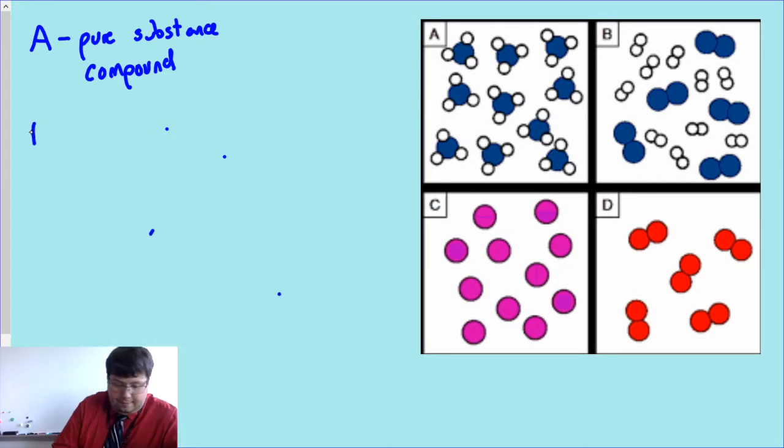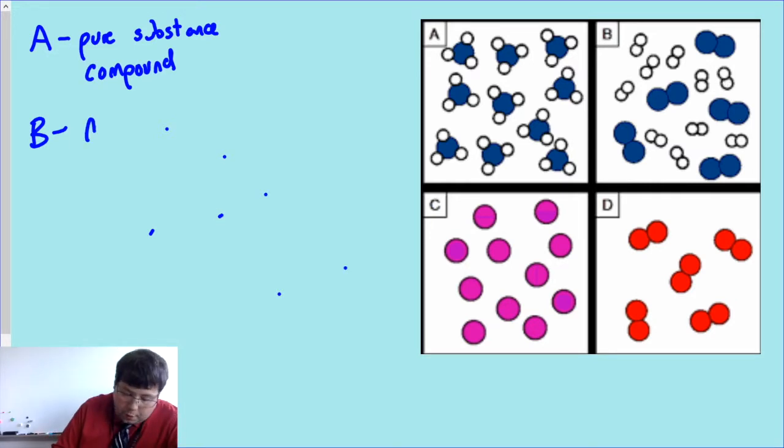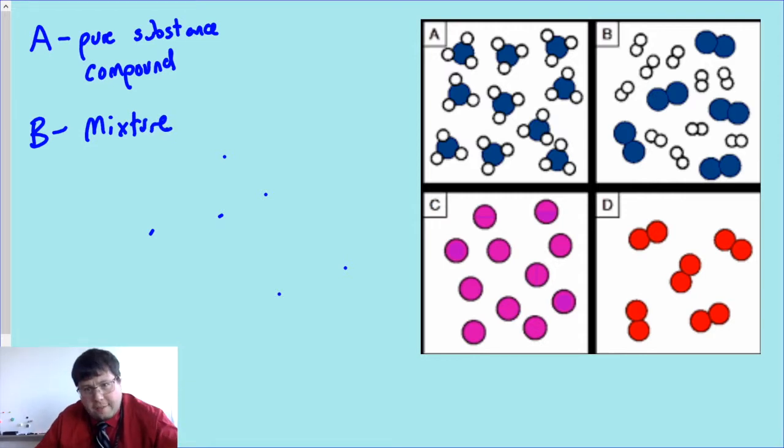Contrast that with B. B looks to have different substances inside of it, and they're not all mixed together. They look like this. This could vary in composition. I could have more of these 2 blue atoms together, or I could have more of these 2 white atoms together. So we would call this a mixture. It's tough to tell if you could call this homogeneous or heterogeneous.